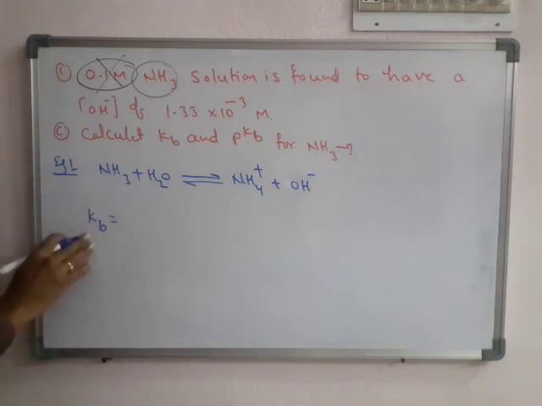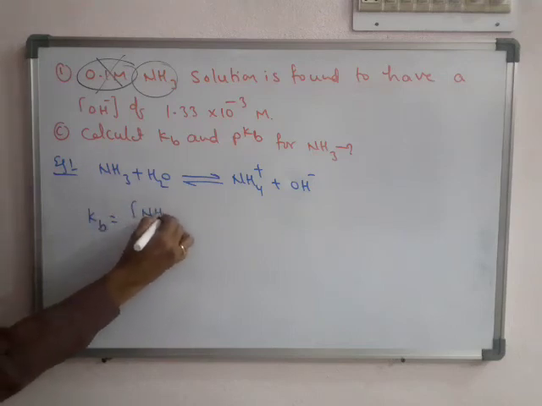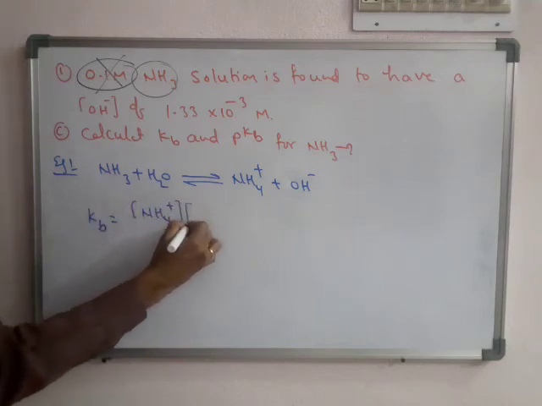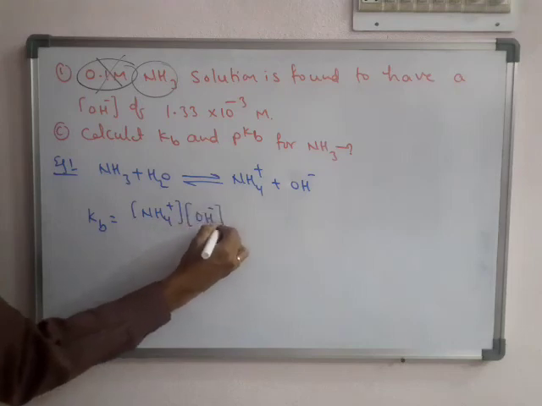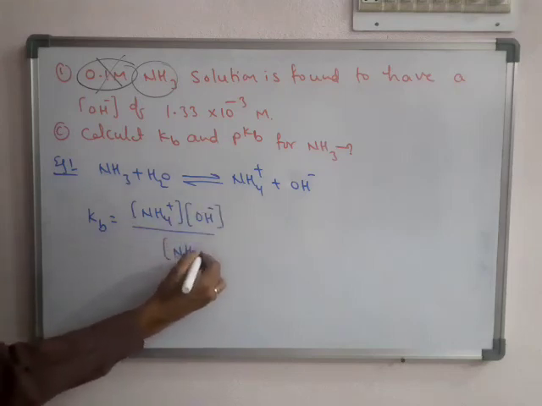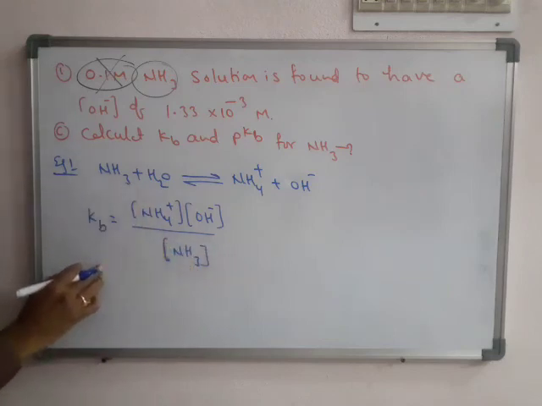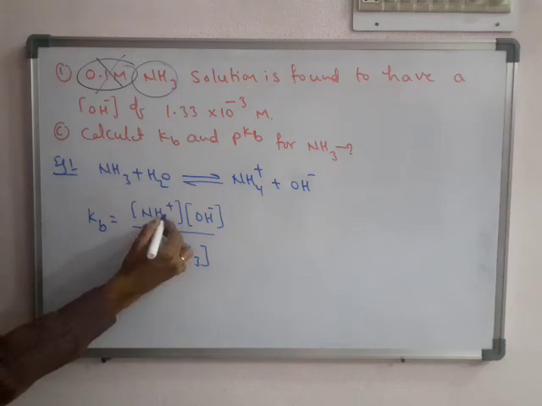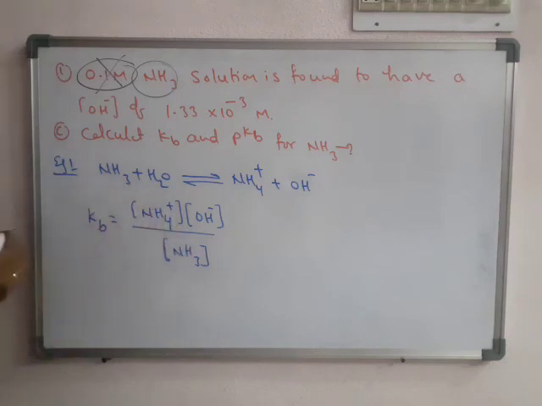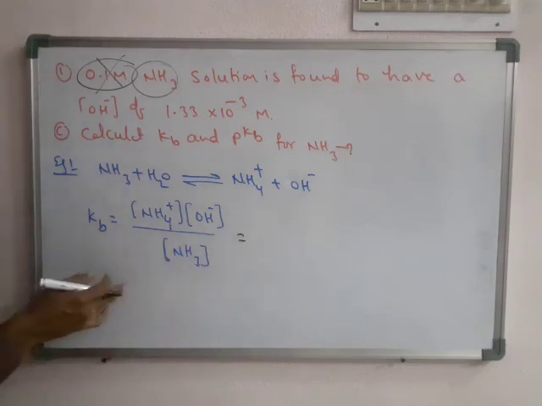The base dissociation constant can be written as the NH4 plus concentration times the OH minus concentration by the NH3 concentration. The important point here is why we left out H2O: it is because it is a neutral solution, so we are not considering the H2O concentration. What is the NH4 plus concentration?